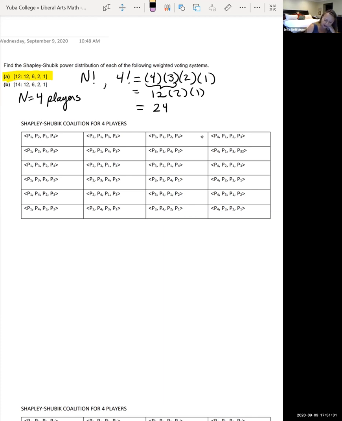I'm going to underline the pivotal player. Player 1 is pivotal for that first coalition of P1, P2, P3, P4. For the coalition player 1, player 2, player 4, player 3, player 1 wins. Player 1 is good again. So whenever player 1 is first, they're going to be critical.